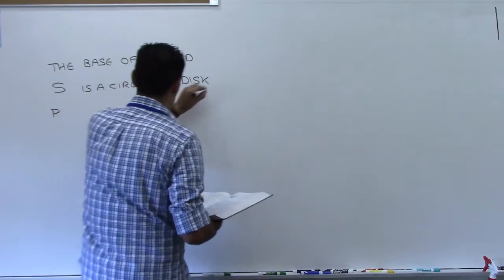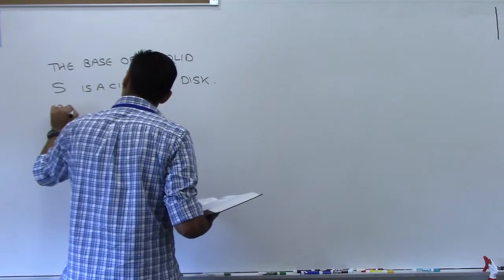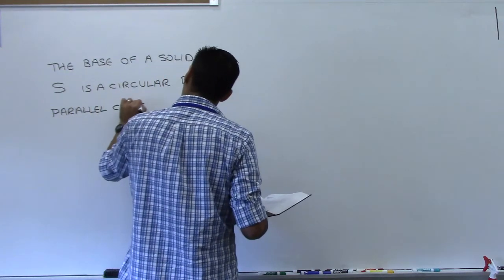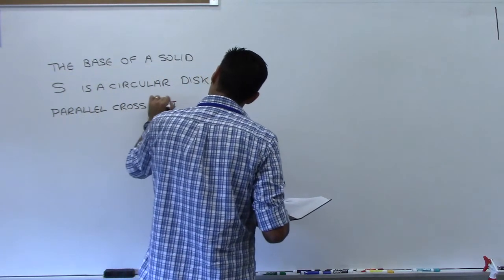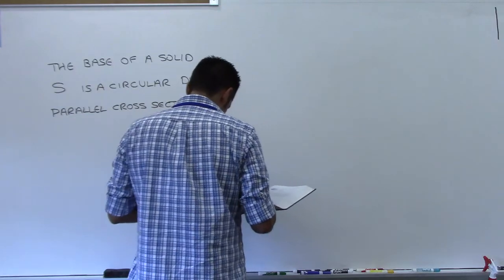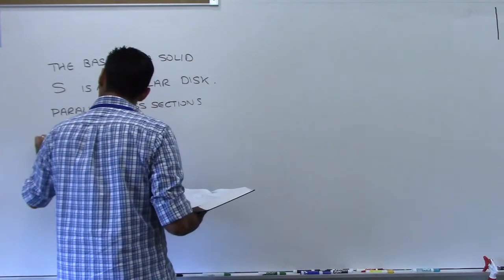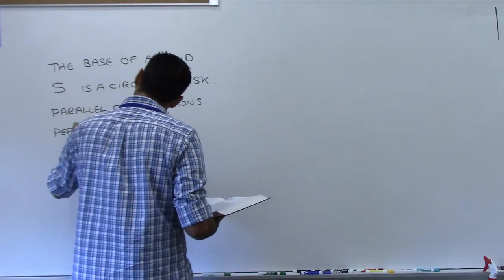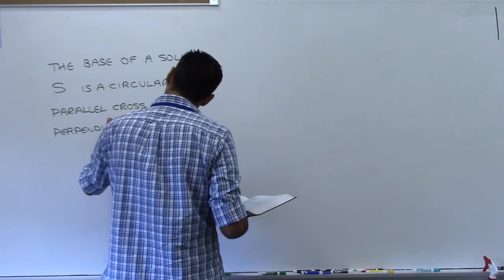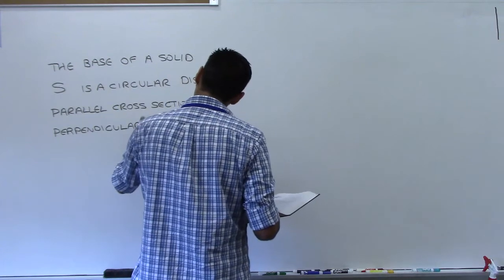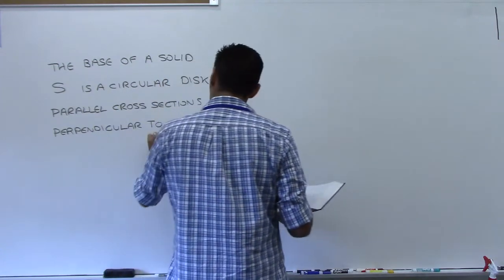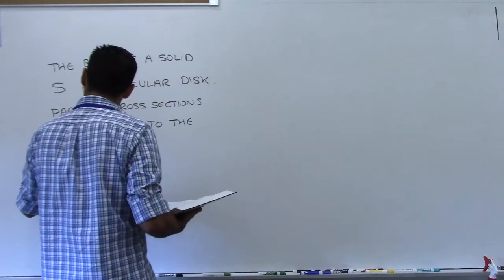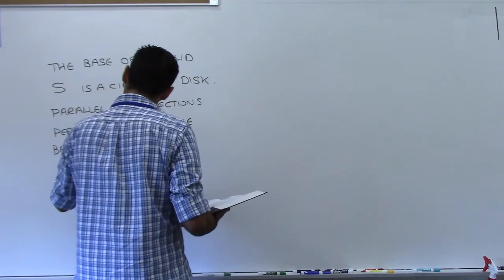Parallel cross sections perpendicular to the base are squares.